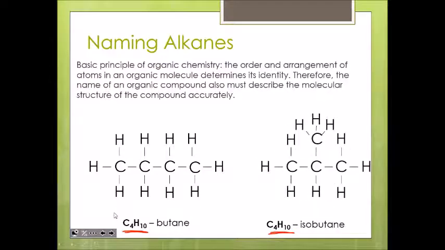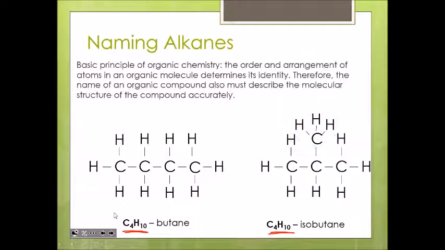The difference is that in isobutane, there is a branch in the center that's attached to the middle carbon. So it's not a straight chain, it has a branched chain, so it looks slightly different. And when it has that branching, sometimes they use the prefix iso with it. But these are considered to be isomers of each other.